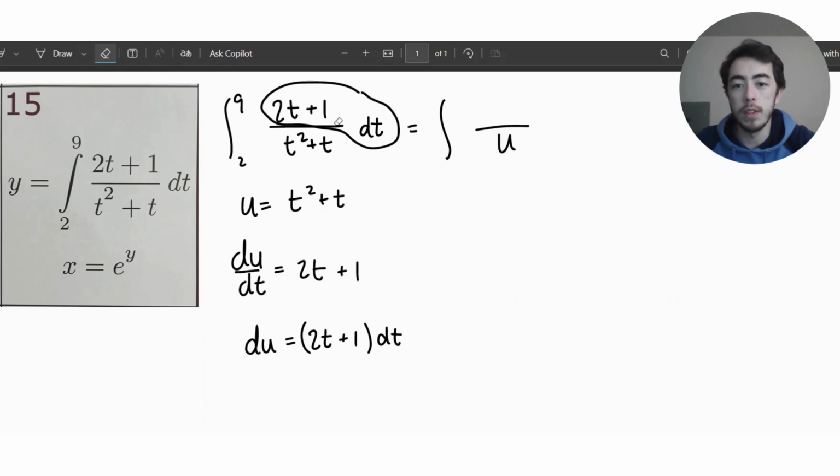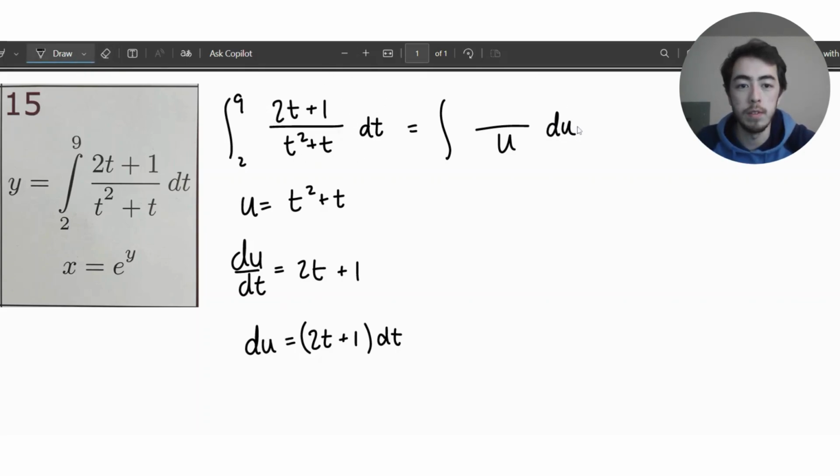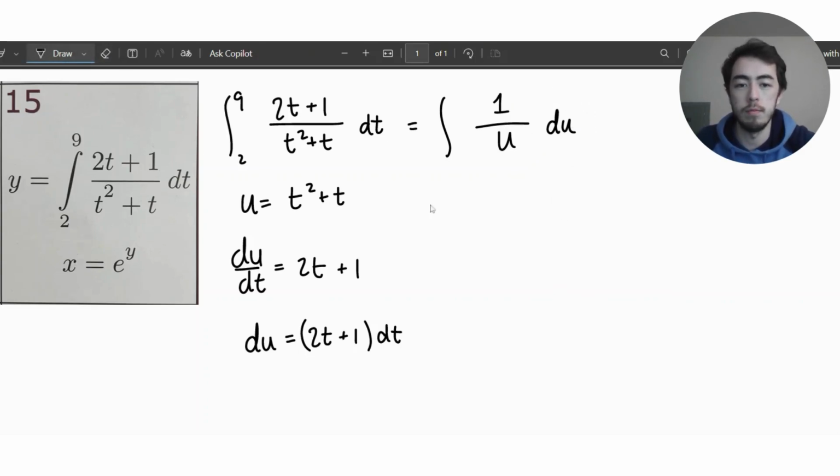So I can grab both of these things and just call it du, because I did all that work, found a derivative, and all of this part right here just simplifies to a du. Now I could put that in the numerator, but I just prefer to have a 1 over u and then my differential off to the side. It would be totally fine to write it as du over u. It's just not what I prefer.